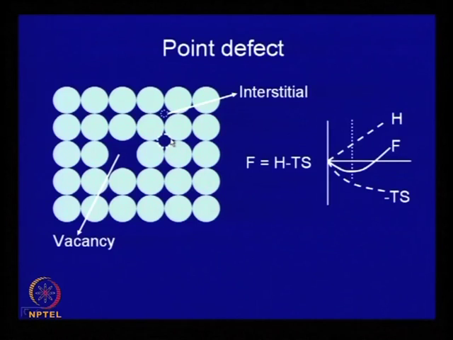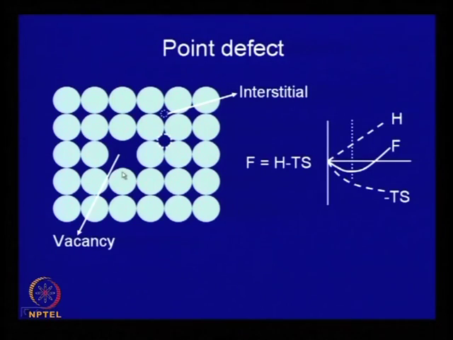Now, why do we have vacancy in crystals? We can look at it like this. We can assume vacancy to be a species, and think that this system is a mixture of atom and vacancy. And as the concentration of vacancy increases, definitely the stability or energy of the system will change.